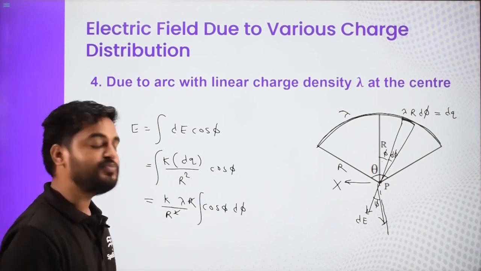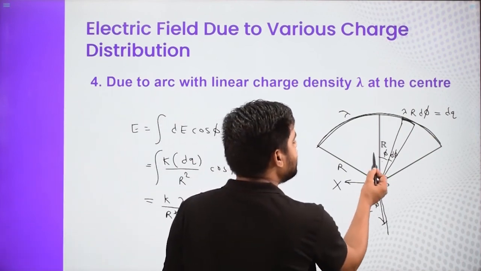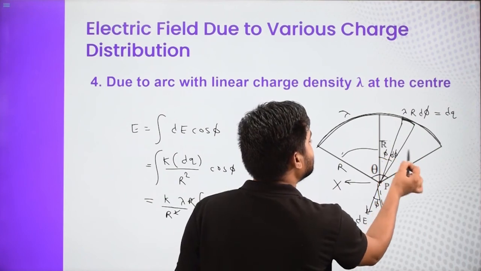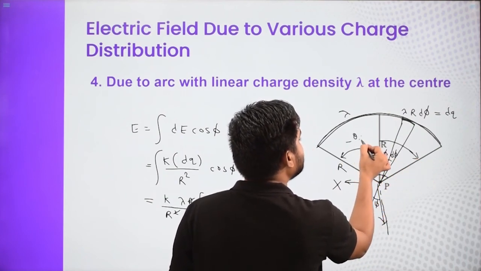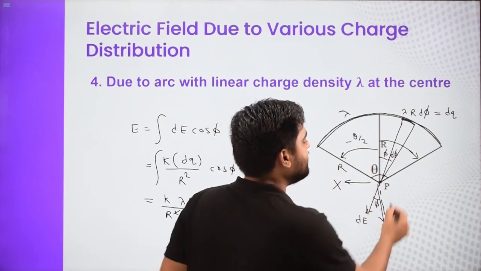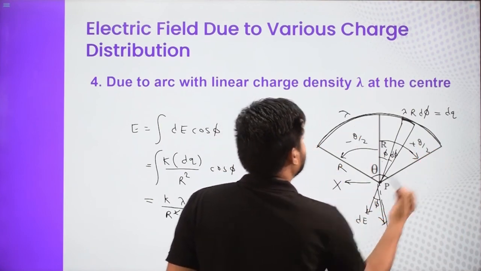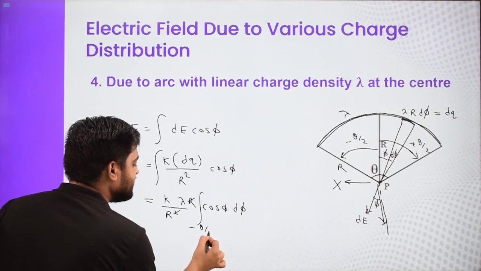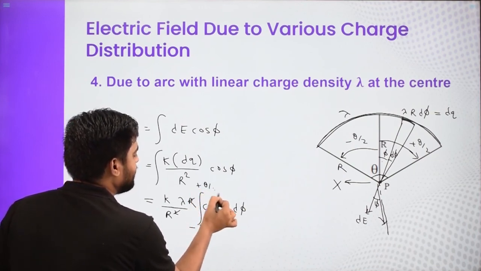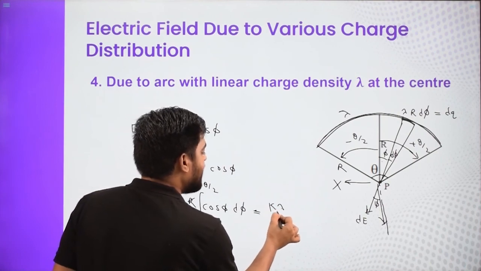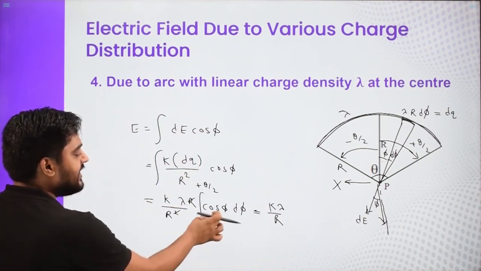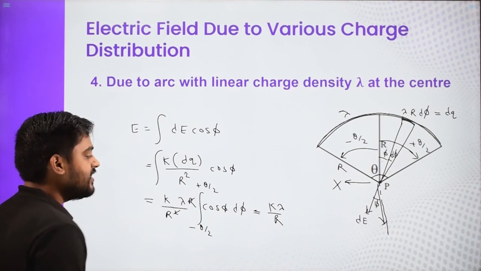And here I am going to put the limits on phi. Phi is changing all the way from here to here. So this is minus theta by 2, because this was the angle bisector, to plus theta by 2. So the limits are minus theta by 2 to plus theta by 2. Putting the limits, we get k lambda by r as it is, and the integration of cos phi is sin phi.